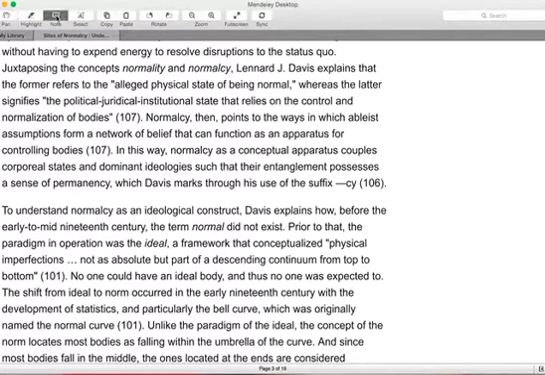But here, since this isn't necessarily their idea, but they're pulling from Davis to explain this, I'm going to use my annotation to help me distinguish between what it is that the authors are saying and what it is that they're citing. So this idea of normalcy as a construct comes from Leonard Davis. So I want to make sure that in my note I credit that idea to Davis and not to the authors, because that's where the idea comes from. So again, just distinguishing between what the authors are saying and who they are citing.